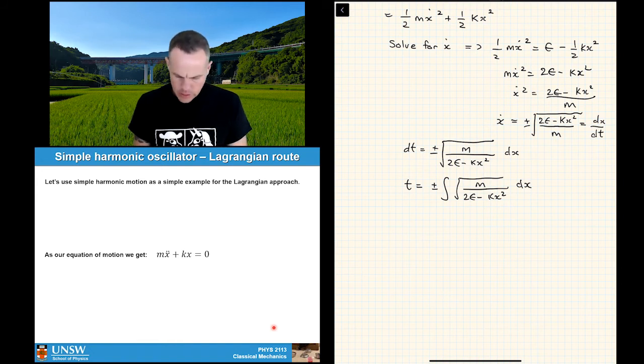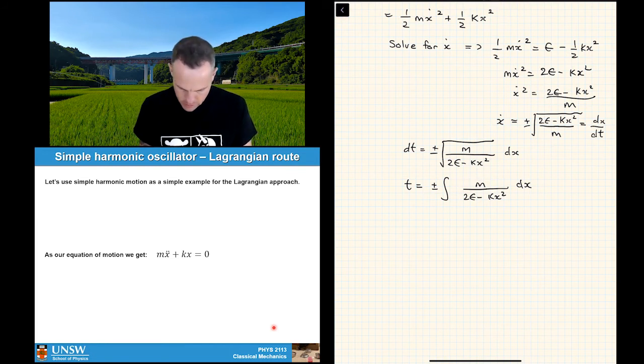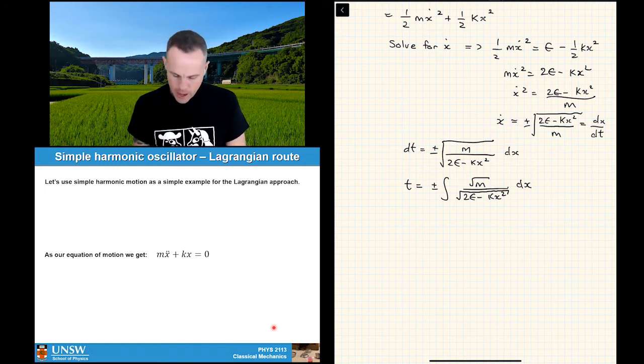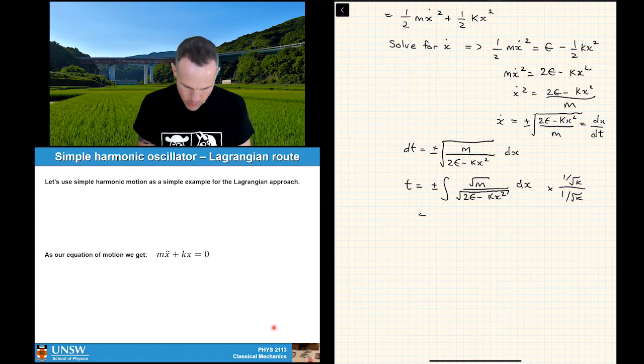What I can do is split this square root here. So put this one on top, put this one in here on the bottom, and I can multiply this by 1 on root k over 1 on root k. So really what I'm doing is just multiplying it by 1. And so this allows me to pull a root m over k out the front.